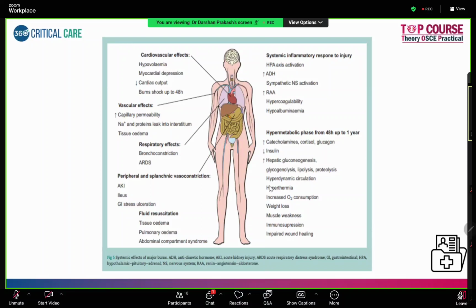Along with this, fluid resuscitation, which happens in the earlier phase, can also lead to systemic effects causing pulmonary edema, abdominal compartment syndrome, and tissue edema. So these are the ways that you have to explain about systemic effects of burns.